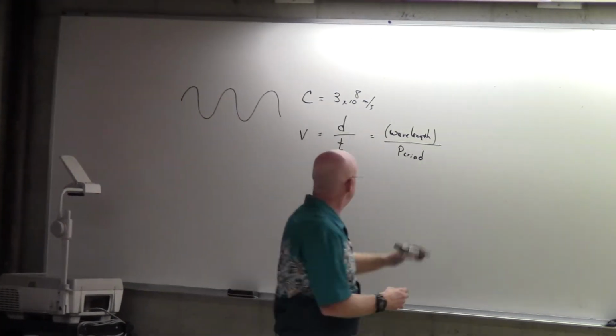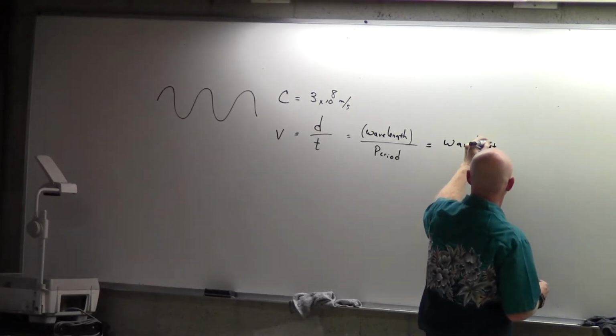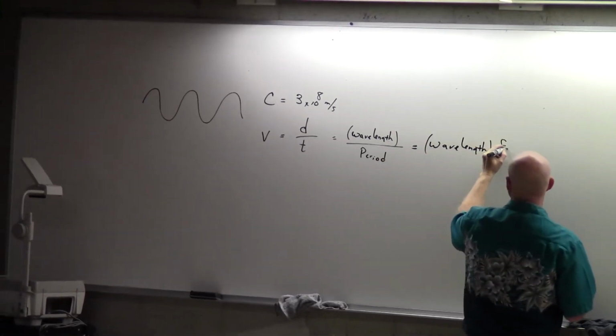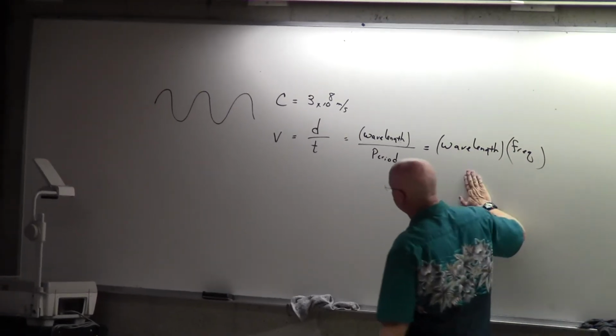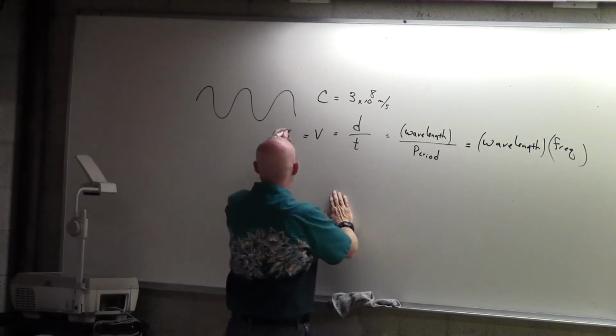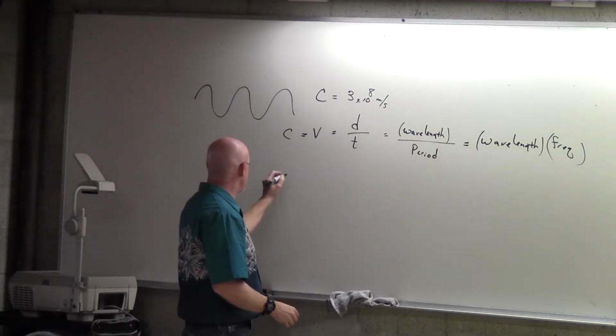And what's the reciprocal of a period? Yeah, it would be frequency. So frequency times wavelength would be their velocity. And we just said their velocity was c. So to answer the question, what is their wavelength?